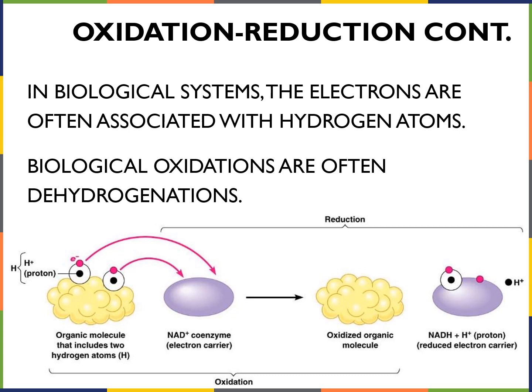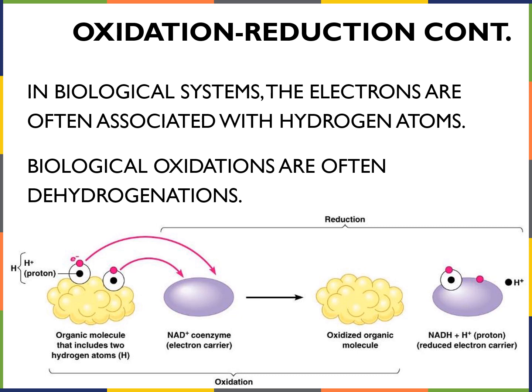The only way you can have a hydrogen with a positive charge is if it lost its electron. And it did lose its electron. Its electron is right here. So this NADH was reduced because it gained an electron. NAD+ was reduced to NADH.